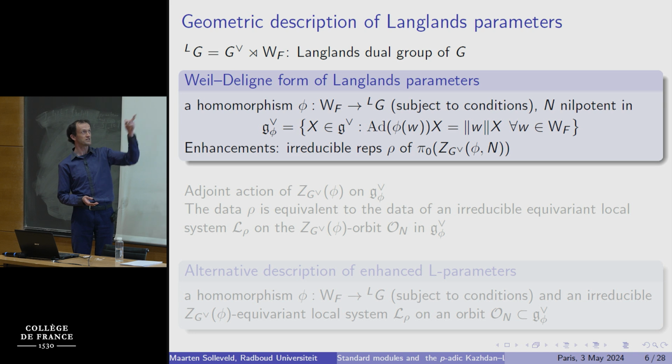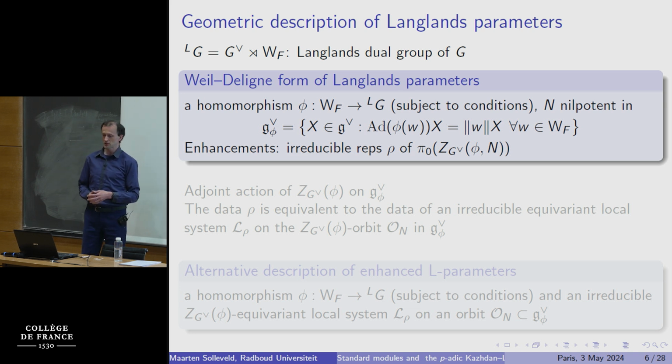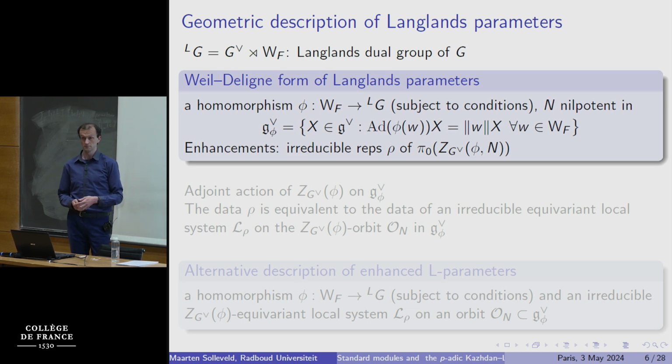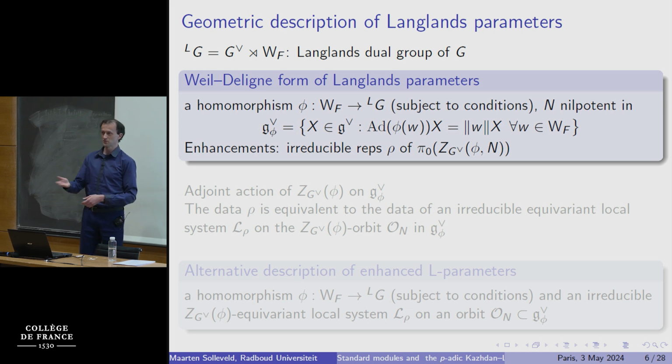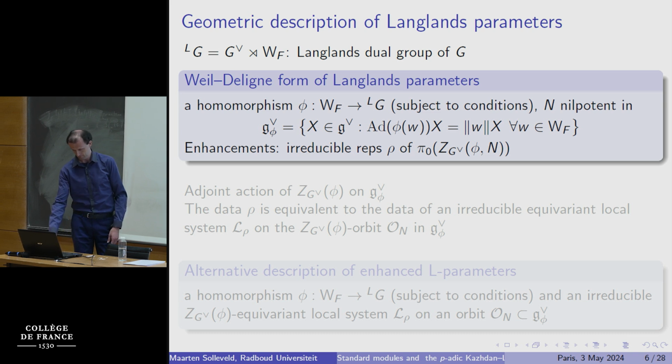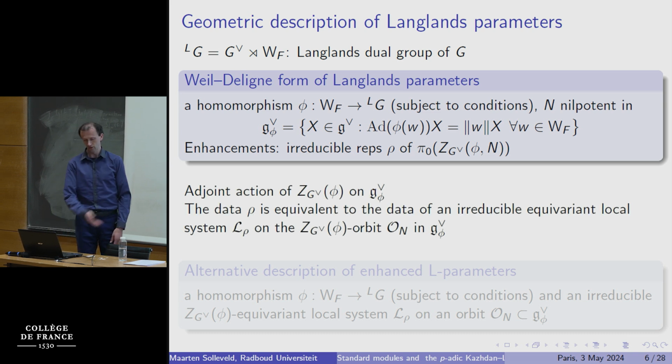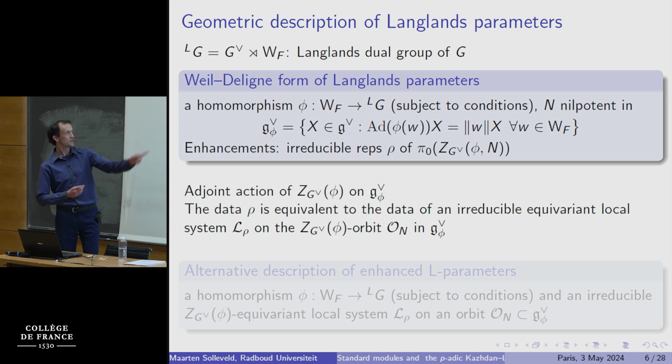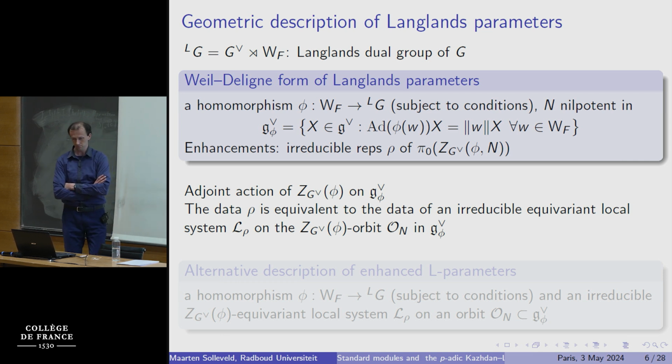So this is in fact a variety of nilpotent matrices, and in fact it's a vector space here. So it's a very simple-minded thing as a variety. But if you look at the action on it of the centralizer of phi in G check, then it becomes interesting. So this is what I already said: the centralizer in G check of phi acts on this vector space.